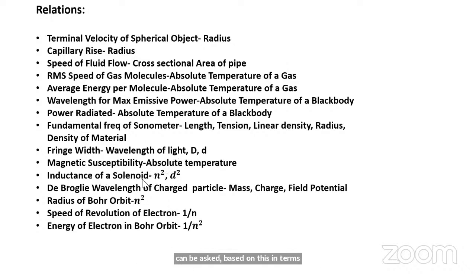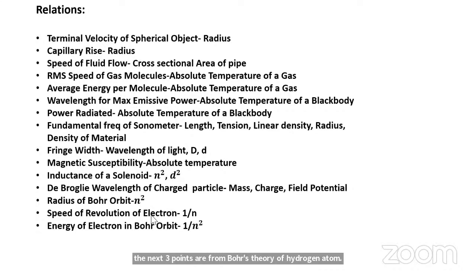Inductance of a solenoid. How does it depend on the number of turns and the diameter of the solenoid? De Broglie wavelength of a charged particle, that of an electron or that of a photon, lambda. How does it depend on mass of the charged particle, charge of the particle, and the field potential through which the particle is accelerated? Then the next three points are from Bohr's theory of hydrogen atom.